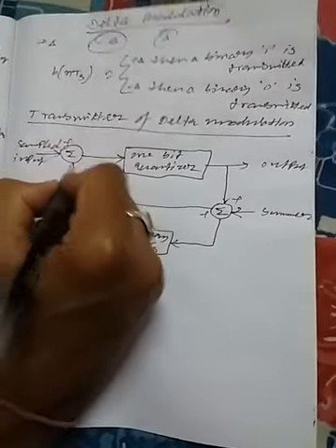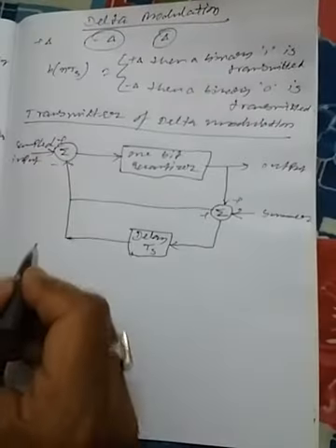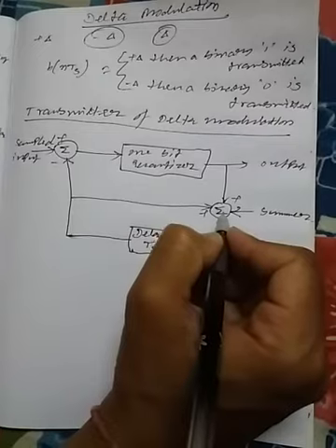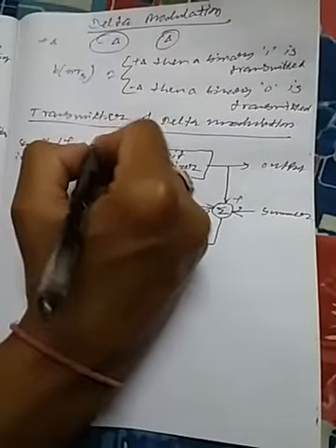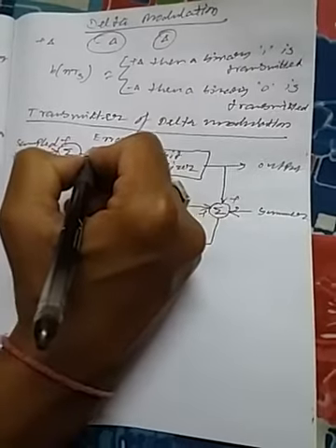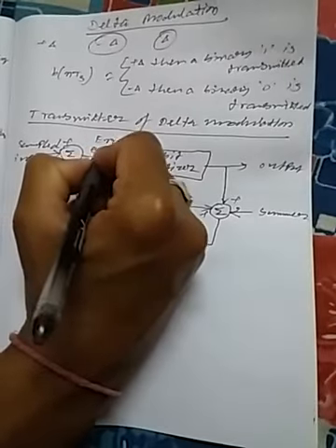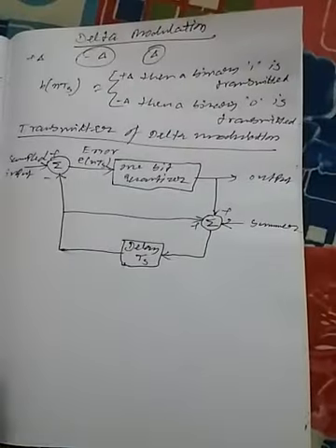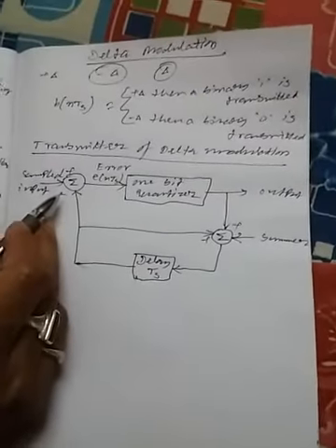There is a negative feedback here, and here it generates the error signal, so error is e(nTs).